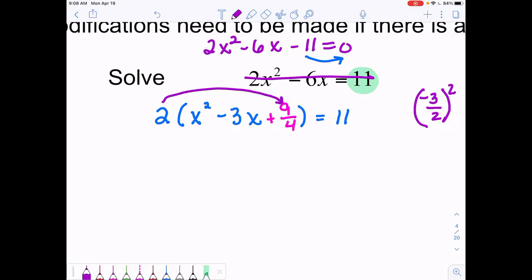So when you go to add the number on the other side, you're not adding 9/4. What are you actually adding, Jenny, to the other side? 9/2. So make sure that it's still equivalent. So yes, you added 9/4, but that 9/4 is really being multiplied by 2 because it's inside the parentheses. So 2 times 9/4 is 9/2.